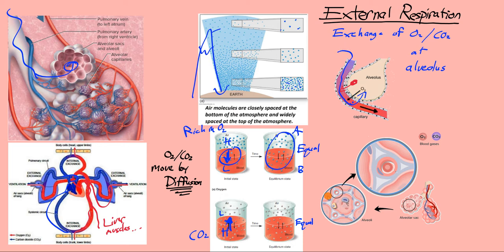External respiration is the exchange of oxygen into the blood and CO2 out of the blood that happens in the lungs, right at the border between these capillaries and the alveoli. Remember, the alveoli are carrying external air, fresh air that you just breathed in, and once you fill them up with CO2, you will blow that CO2 away, and then repeat the process with fresh air a few seconds later.